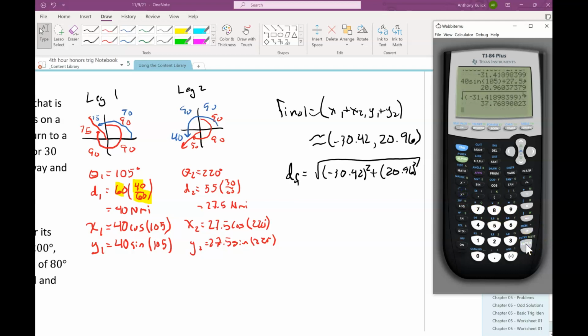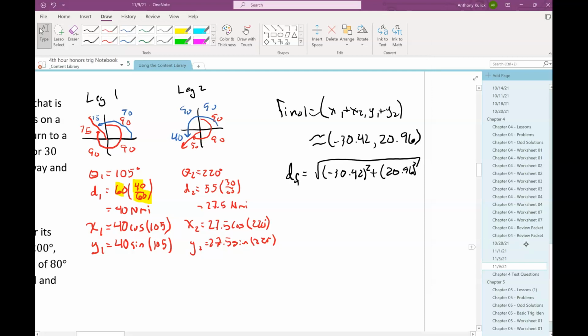So 37.77 nautical miles. Still doing okay. And then the last thing I need is the bearing.